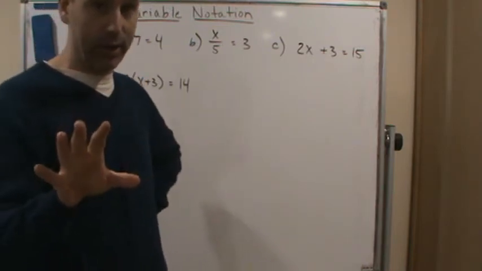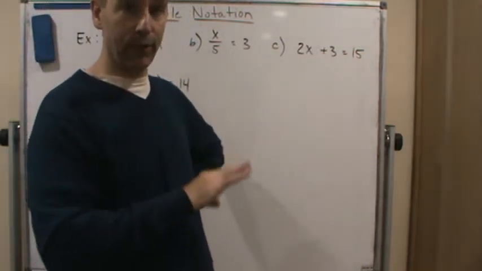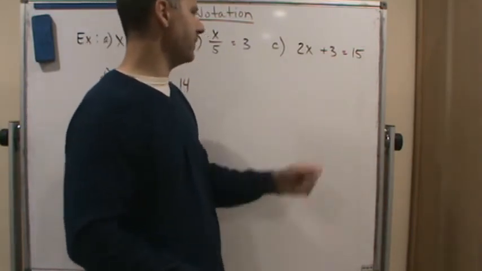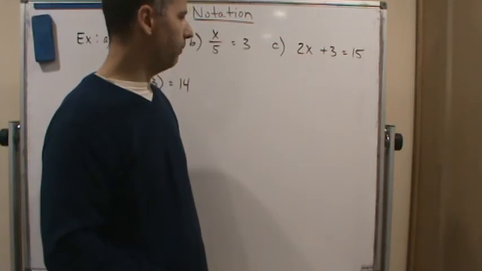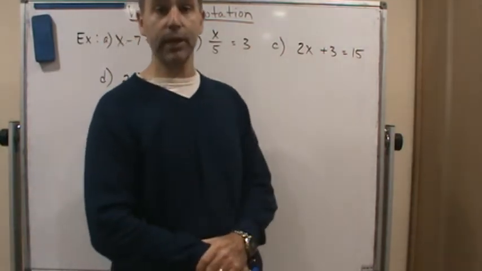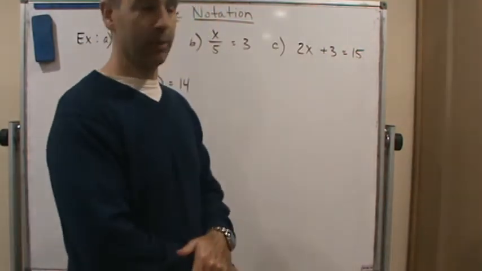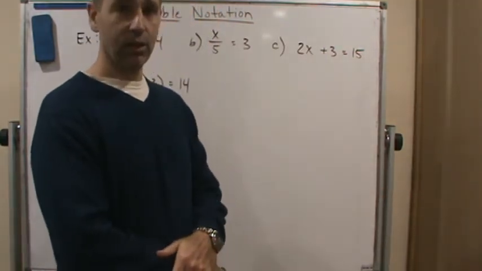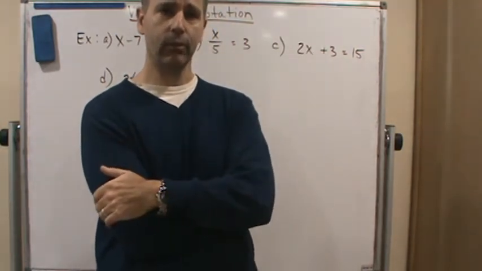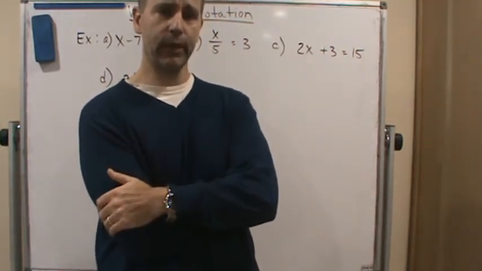Now the way I'm going to phrase it next would not be good. If I just said, well, if I take 2 times a number plus 3 is going to give me 15. Think about that.